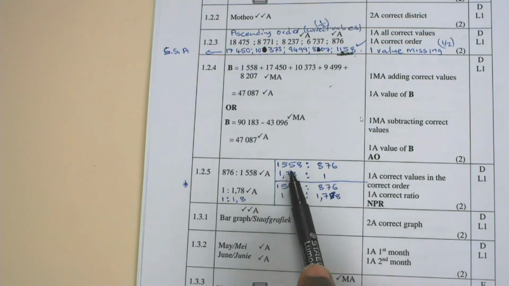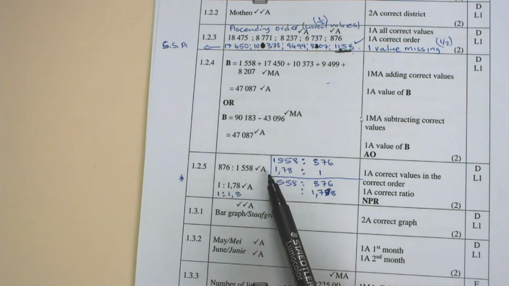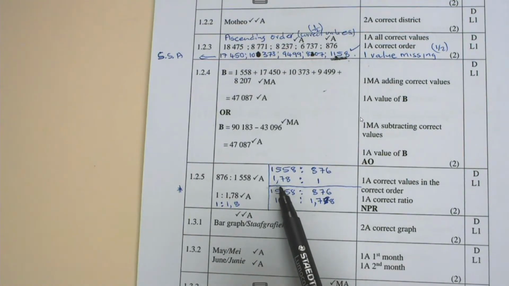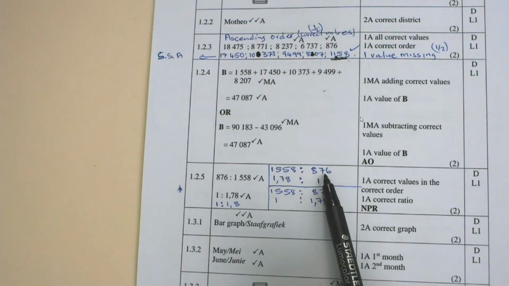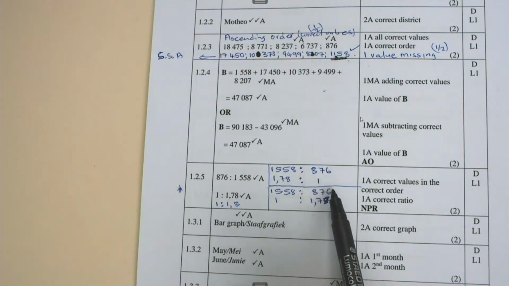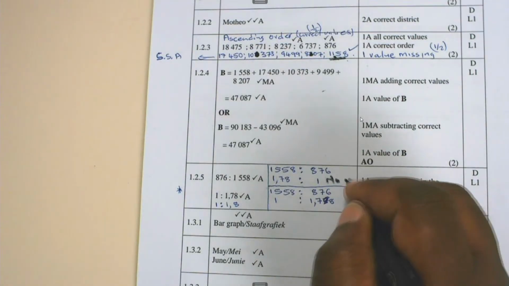Now, if the learner swaps those two numbers, you can see they are swapped, and the learner ends up with 1,78 is to 1. The learner divided by 876 on both sides. Then there is no mark for that. For that, you don't give any mark. No mark for that.